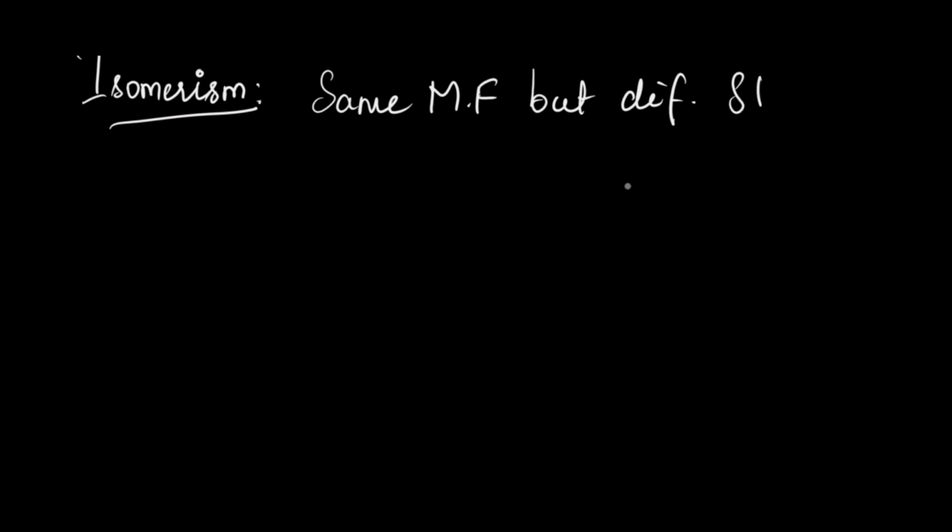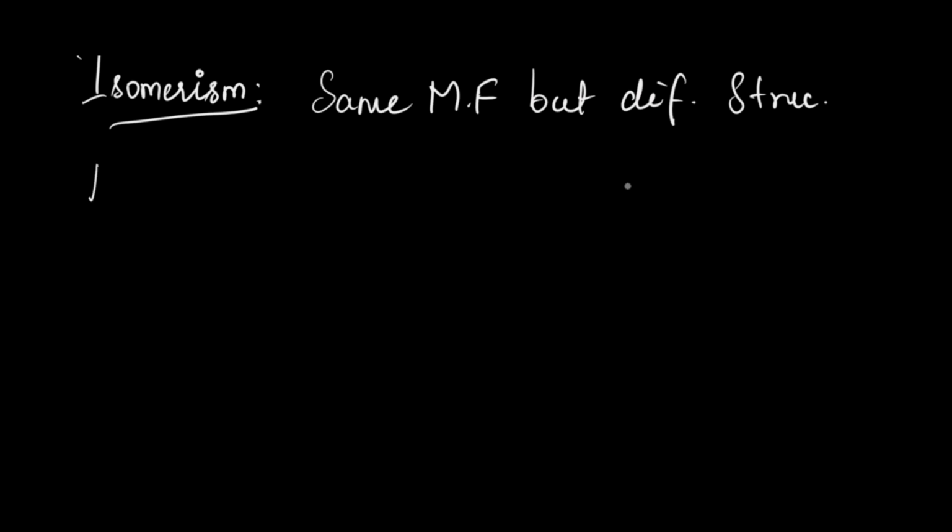But if you want more about isomerism, I'll be linking the isomerism video in the description or in the I button. Please make use of it. Okay. So talking about isomerism, it is as simple as that, which will have same molecular formula but different structural formula, that is called structural isomerism.